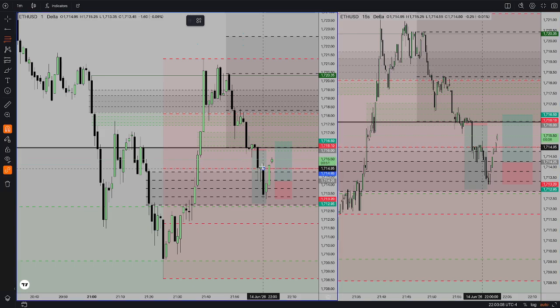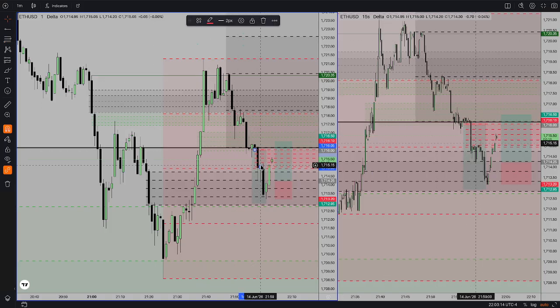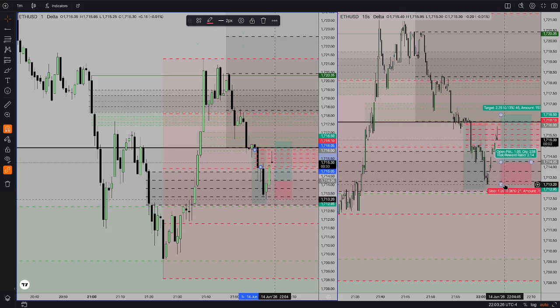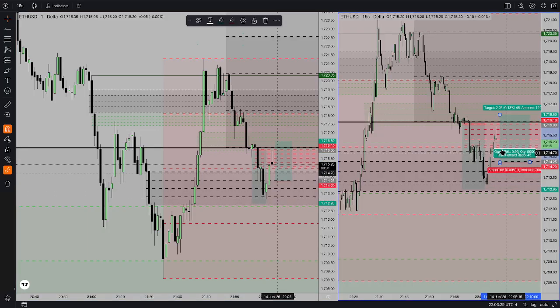The chart's looking very clumsy right now. I want to see how it reacts from the consequent encroachment there. That's definitely where you should move your stop loss to break even. You won't want any drawdown there.